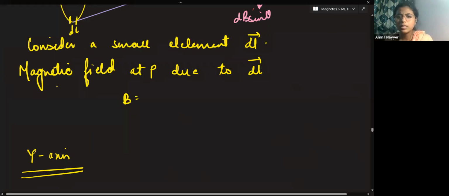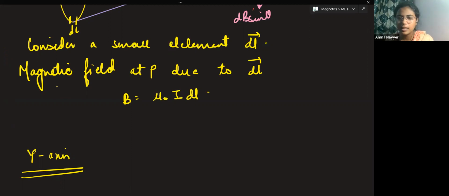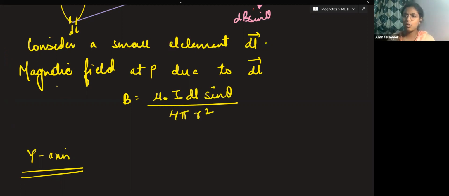So Biot-Savart's law is what? Mu naught I dl sin theta divided by 4 pi small r square. Small r is the separation between dl and the point P I have taken.